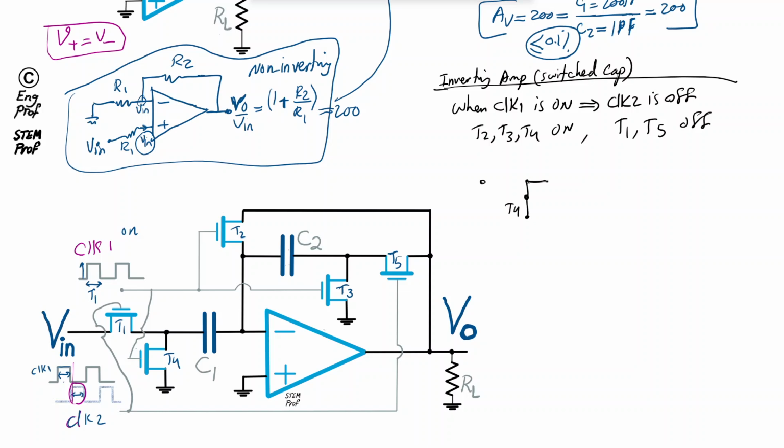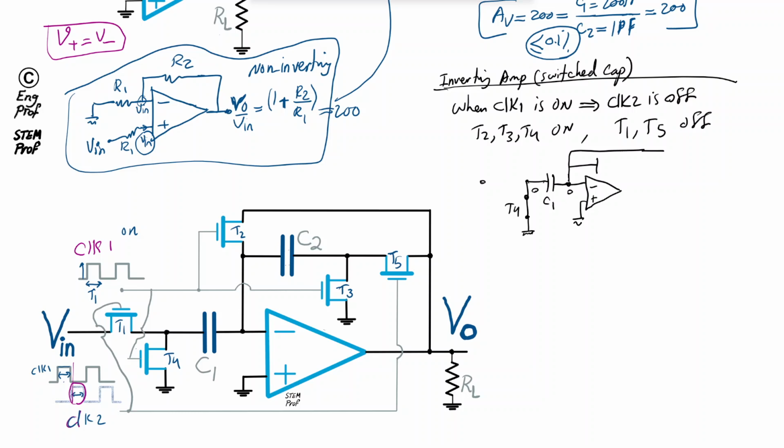T4 is on like an ideal switch with an equivalent resistor of 0, so it's a short. So we have C1 grounded on one side, and on the other side C1 is connected to the negative terminal of the op-amp, which is at virtual ground effectively in steady state. So we have 0 here as well. On both sides of C1 we end up with 0 in this duration. For C2, T2 is on, which means the negative terminal is shorted to the output.